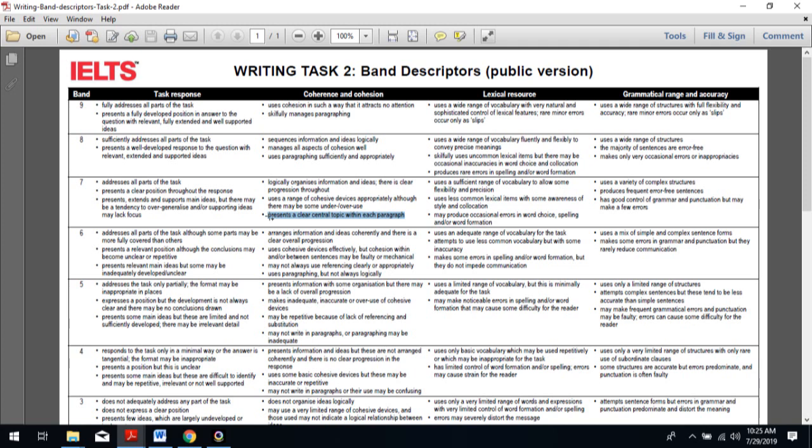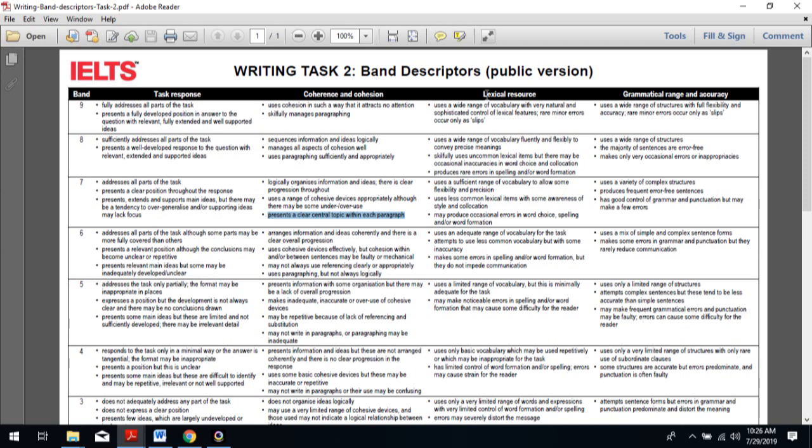For instance, if the paragraph is all about advantages, then your explanation and examples or evidence should be focusing on that advantage. If it's about solutions to a problem, then be sure that your explanation as well as examples and evidence also support that solution.